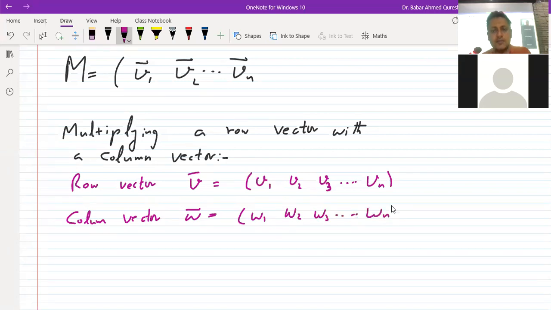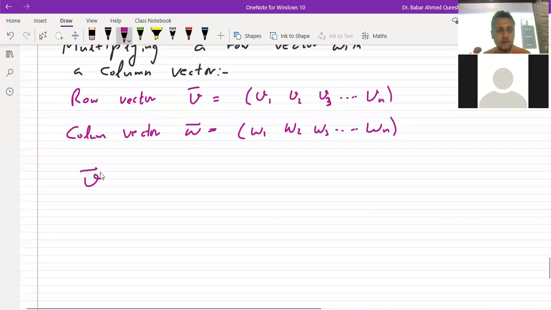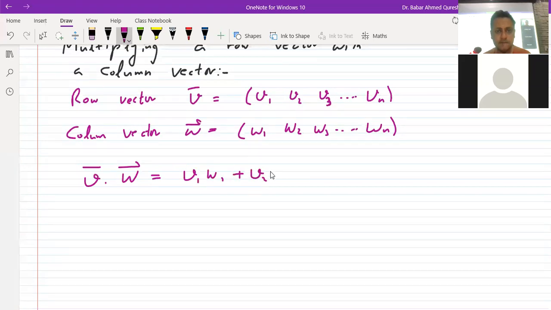Now to define this product of a row and a column vector, they must both have the same dimensionality, the same number of components. Then this product, invoking my notation, is just equal to the sum of the products of the corresponding components.